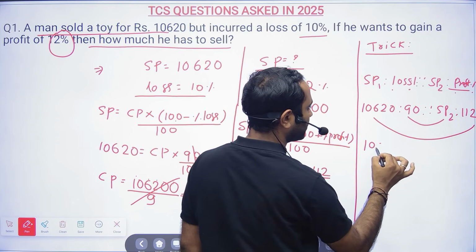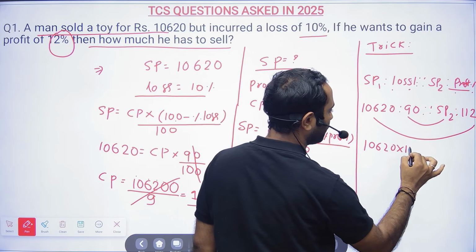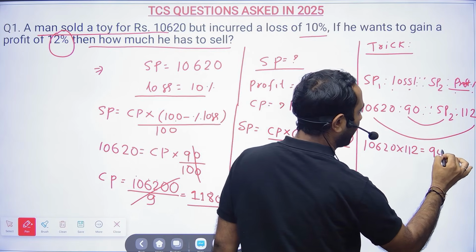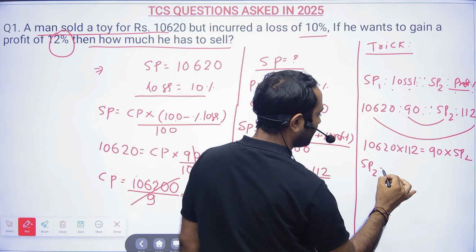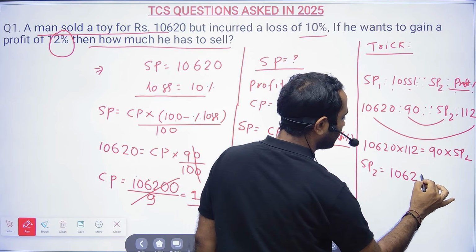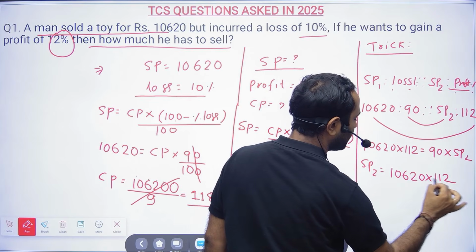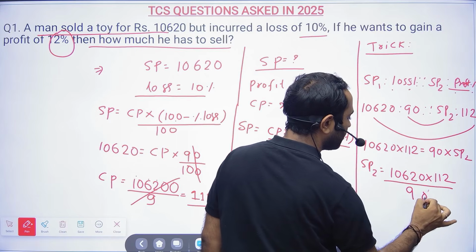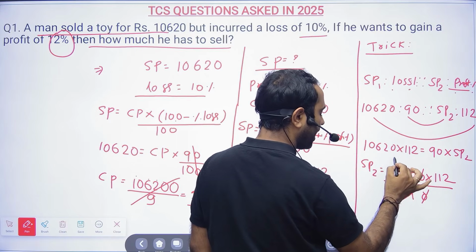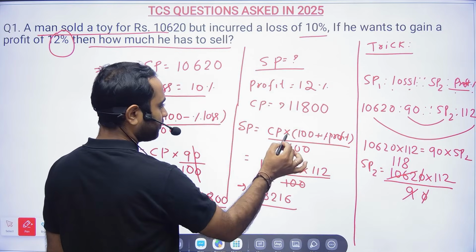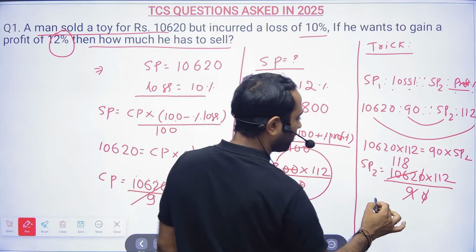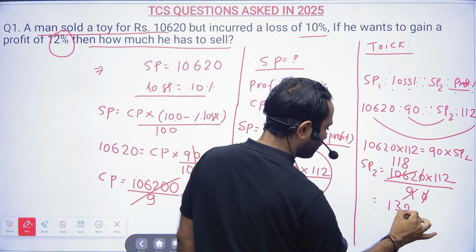Now multiply crosswise. So 10620 into 112 will be equal to 90 into SP2. So your SP2 will be 10620 into 112 divided by 90. This 0 cancels, and 9 into 118 gives 118 into 112, which is what we had got. It will be 13,216.